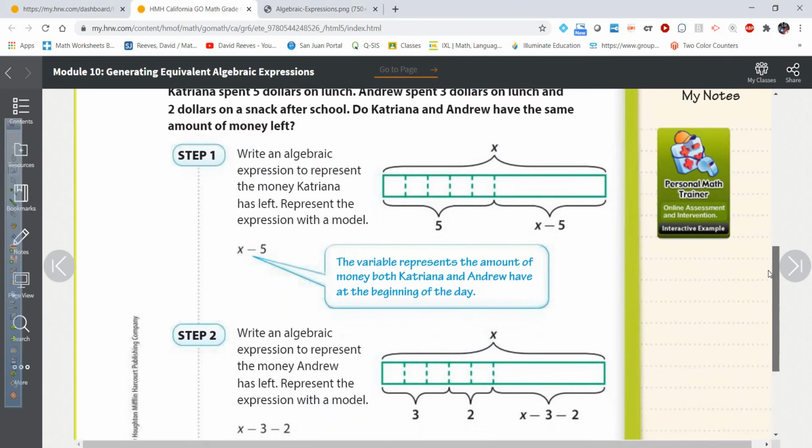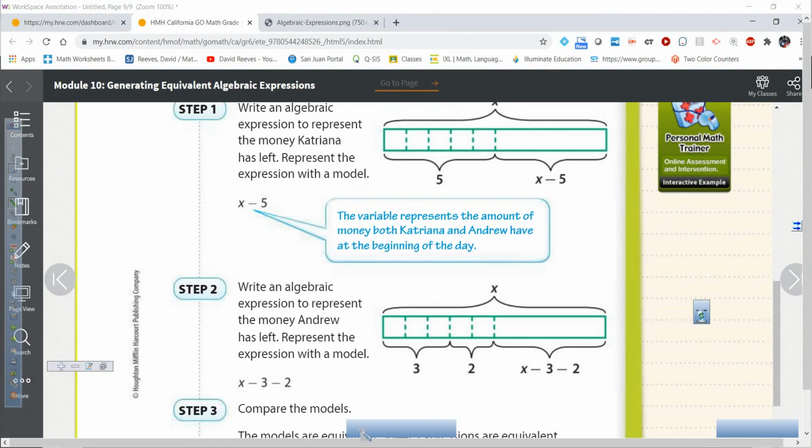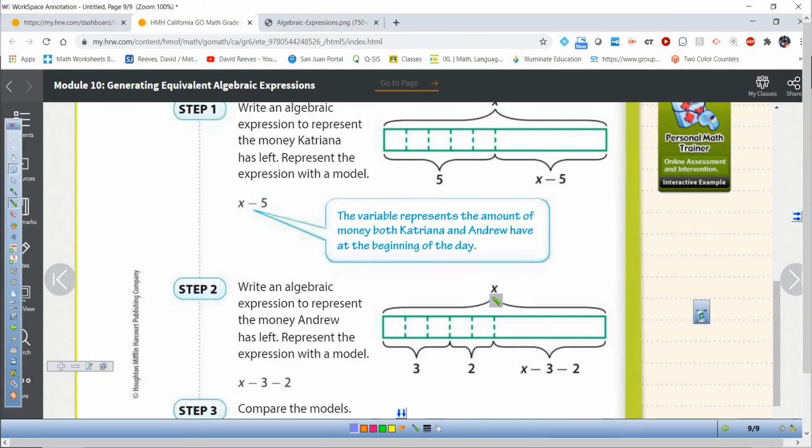Now let's take a look at Andrew. Andrew, again, started with the same amount of money. Andrew had X dollars. Then Andrew spent 3, and then he spent 2. So this part right here is X minus 3 minus 2.